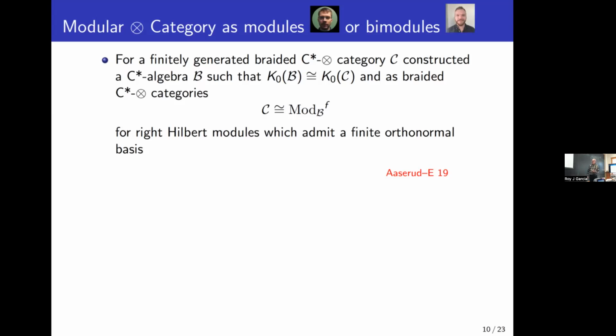So this is the construction of finding C-star algebras whose K-theory recovers the ring, and we have this description of the tensor category as certain bimodules, certain modules. So in particular, this works for the Pennig-Jones category.